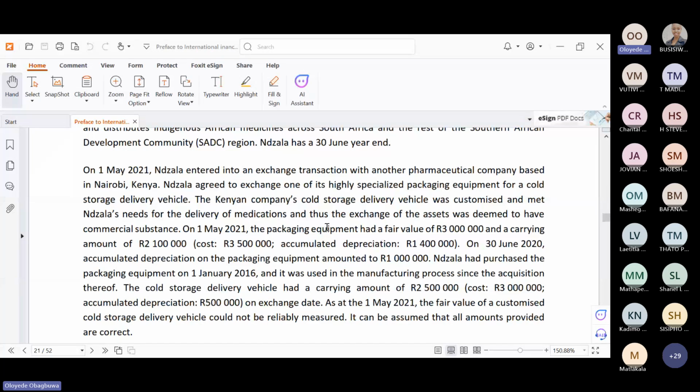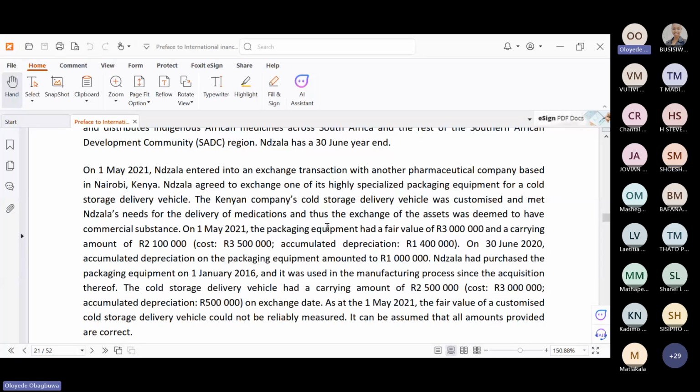Inzala agreed to exchange one of its highly specialized packaging equipment for a cold storage delivery vehicle. The Kenyan company's cold storage delivery vehicle was customized and met Inzala's need for the delivery of medications, and thus the exchange of the asset was deemed to have commercial substance.